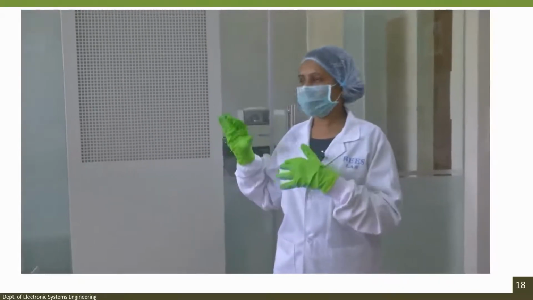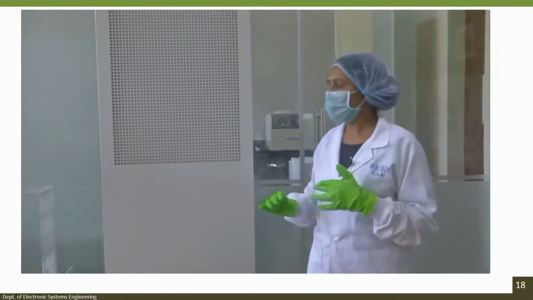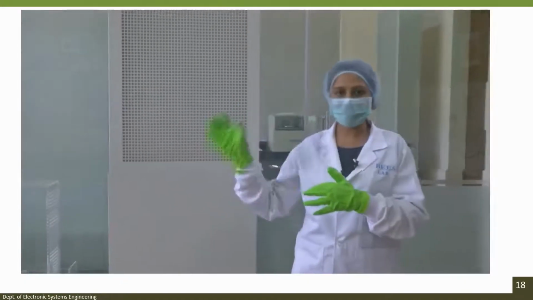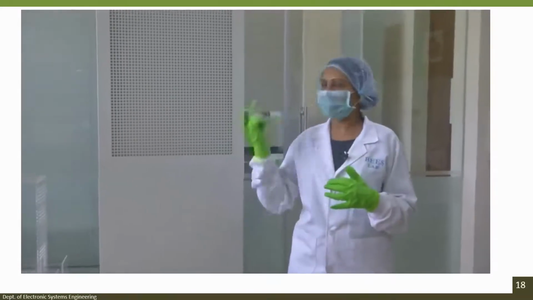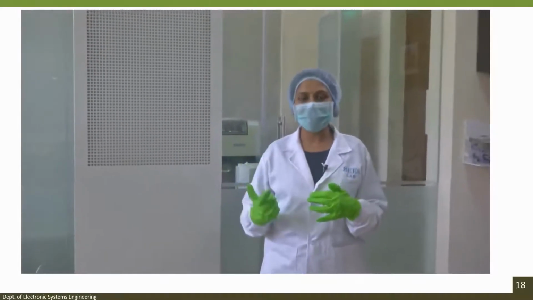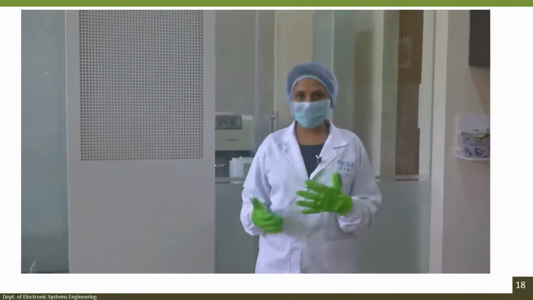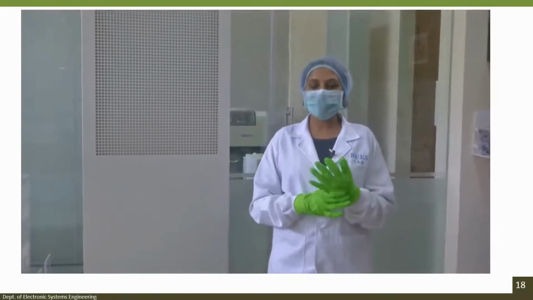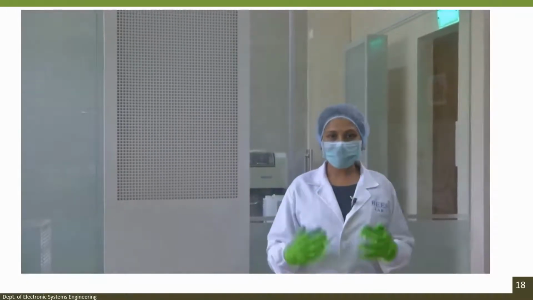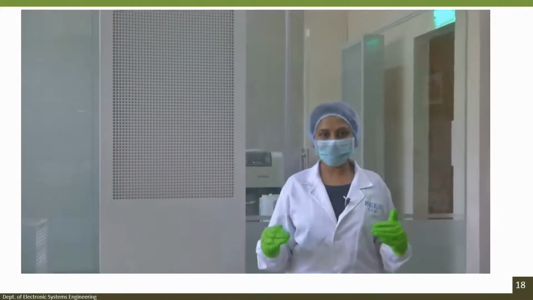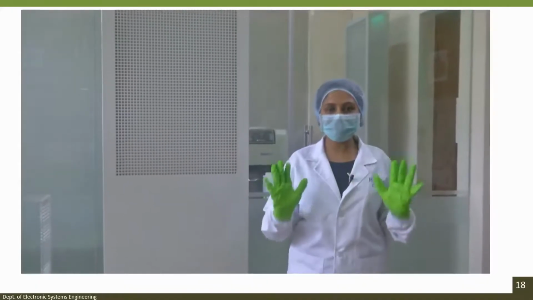How these HEPA filters work is 50% of the atmospheric air is taken in, and 50% of the air which is inside, the clean air, is always recirculated within these filters. When you're talking about recirculation, assume I'm going to maintain this clean room at perfectly clean levels.